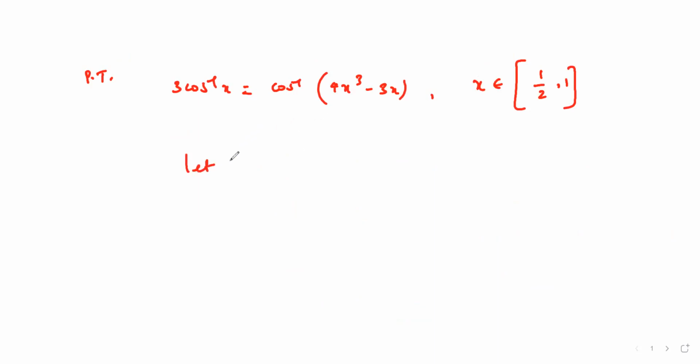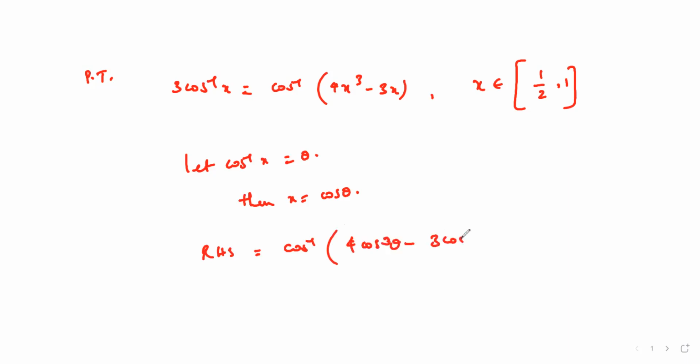Let cos inverse of x be equal to theta, then x is equal to cos theta. Take RHS, cos inverse of 4 cos cube theta minus 3 cos theta equals cos inverse of cos 3 theta, that is equal to 3 theta, that is equal to 3 cos inverse of x, that is equal to LHS.